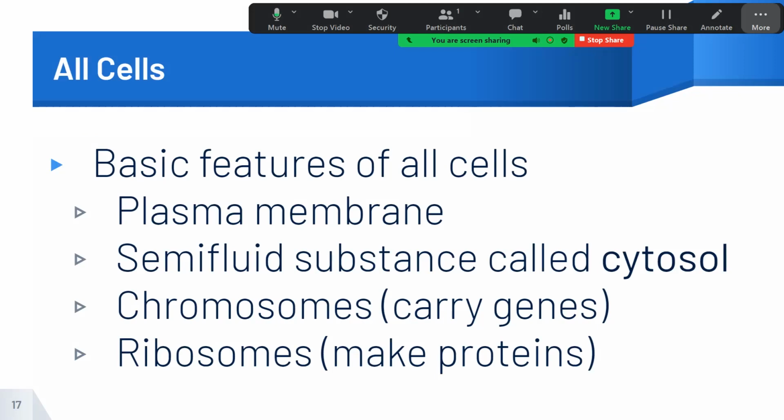So the fluid substance is called the cytosol. They're all going to have chromosomes, so they're going to have genes and hereditary information. And they're all going to have ribosomes because they need to make proteins. Proteins are the key to the functionality of all cells. So all cells are going to have a plasma membrane, a cytosol, chromosomes, and ribosomes.